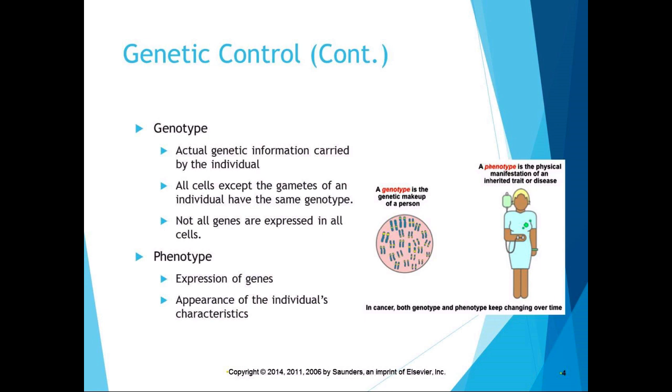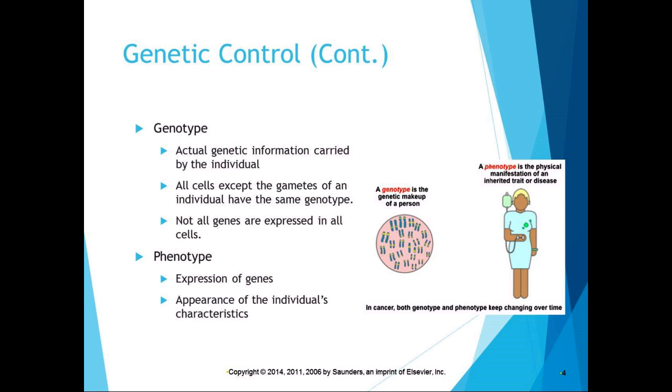It's a little bit of a mystery as to how that happens in development, that some cells develop one way and some cells develop another way with the same genetic material. But I kind of like that there's a little mystery still out there. Maybe someday we'll know how it works, but it's mysterious right now. So that's the genotype. That's the information, the genetic makeup of all your cells.